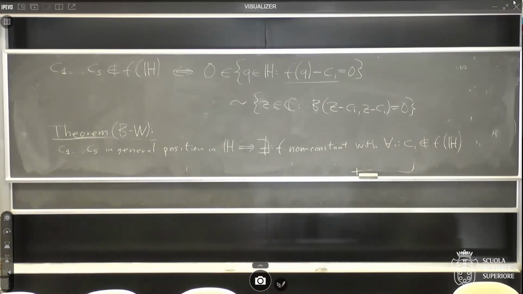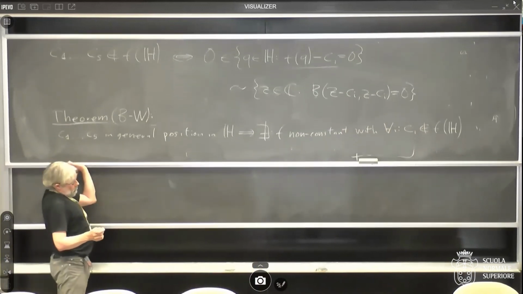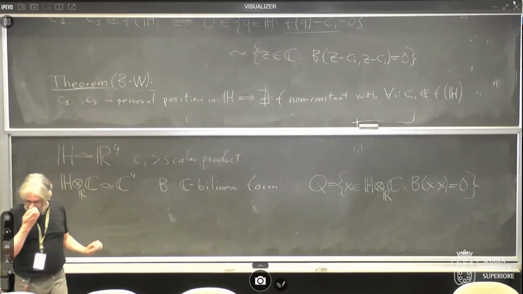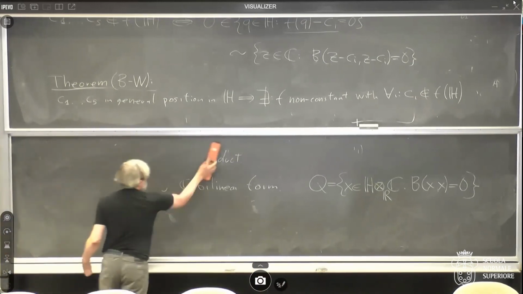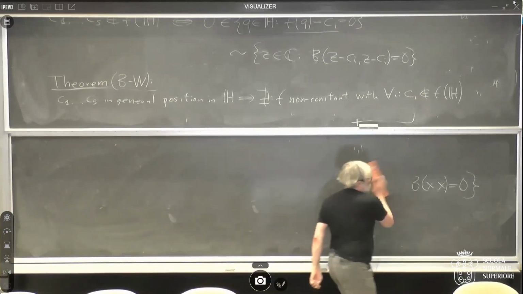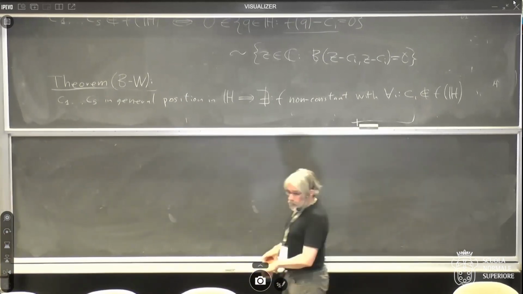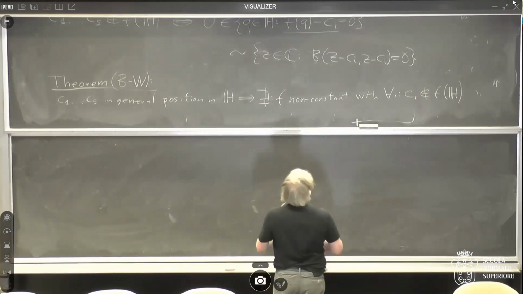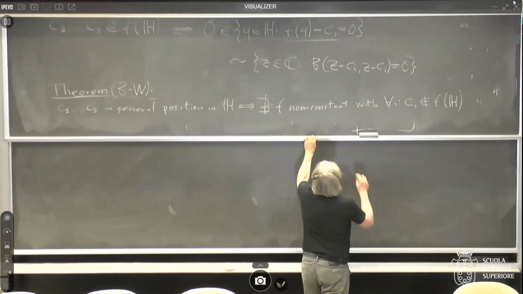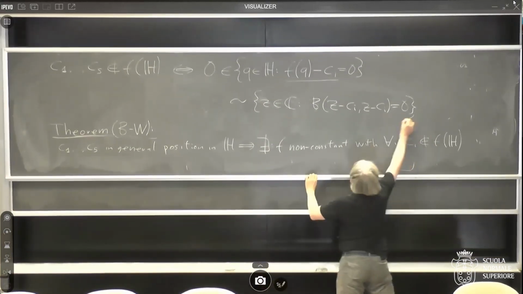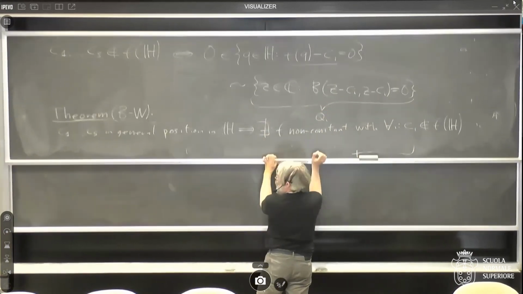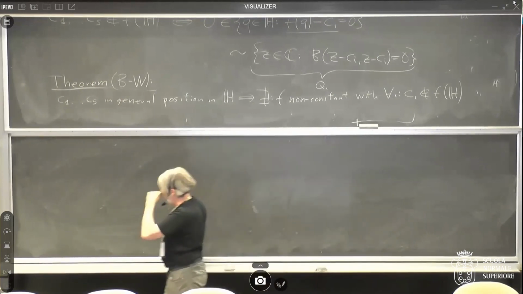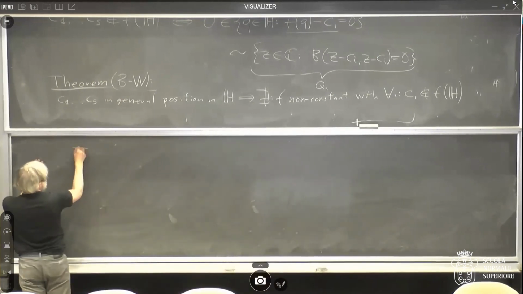And the idea of the proof is now that by this definition here, we get a couple of quadrics, and we get now a stem function.